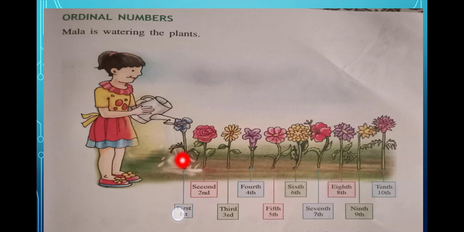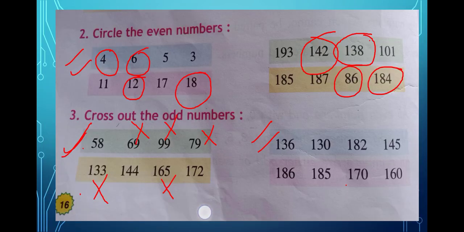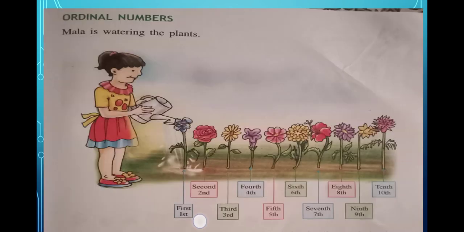This one is the first one, second, third, fourth, fifth, sixth, seventh, eighth, ninth, 10th. When we say first, second, third instead of 1, 2, 3, here it is written first, then second, then third, fourth, fifth, sixth, seventh, eighth, ninth and 10th.